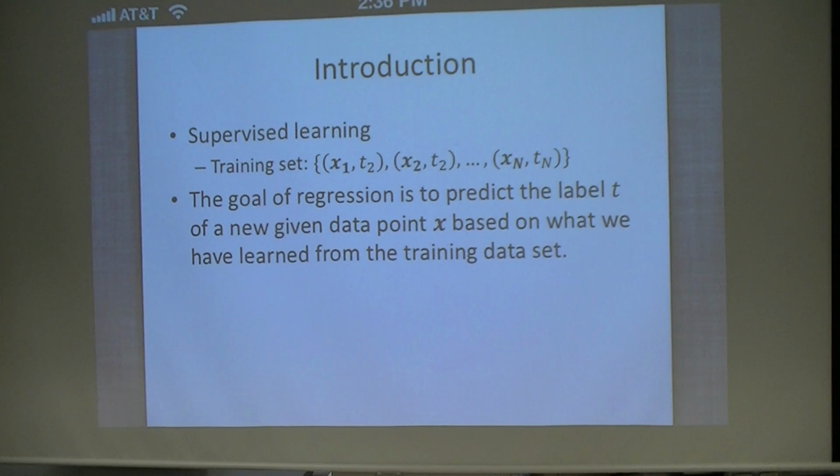Here is an example of a training set: a pair of an input variable and the target. The goal of regression is to predict the label t of any given new data point x based on what we have learned from the training data.